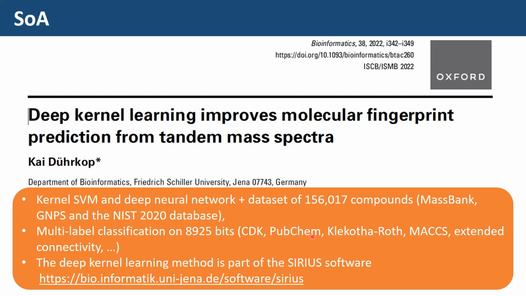So they predicted actually around 8,900 bits. Then, if I remember, they removed the bits where they had just 0 values, but they predicted a lot of binary bits, around 5,000, if I'm not wrong. And this is part of the Sirius software.